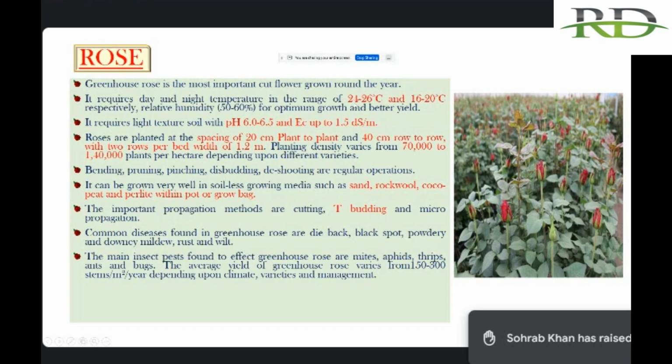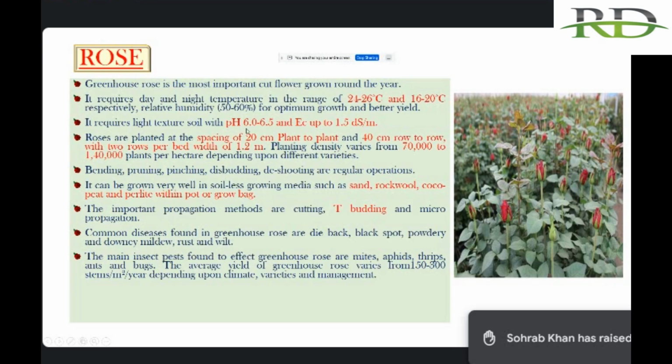The ideal temperature for growing rose in a greenhouse under hydroponics will be 24 to 26 degrees centigrade for day and 16 to 20 degrees centigrade for night, and the relative humidity is 50 to 60 percent.